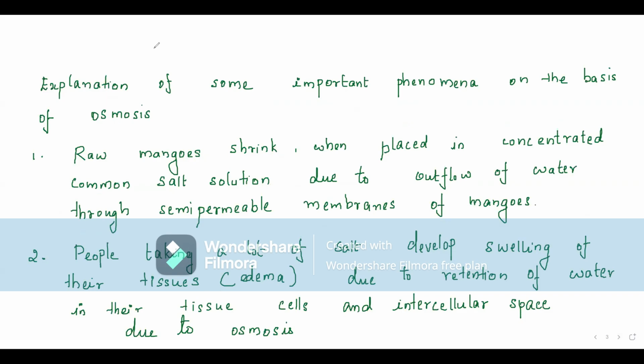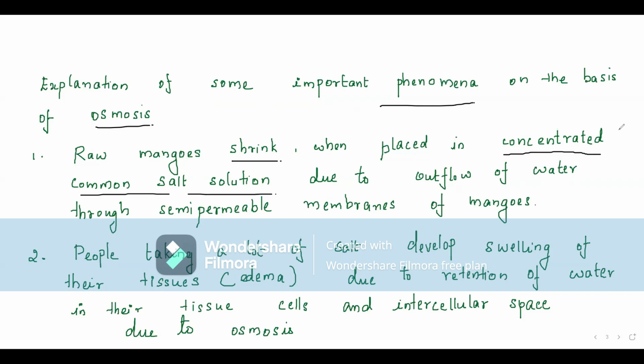Now, some phenomena that happen, which we have seen, can be explained on the basis of osmosis. First of all, we have all seen raw mangoes in pickle. Raw mangoes shrink. Why does that process happen? This happens when mangoes are put in concentrated salt solution.